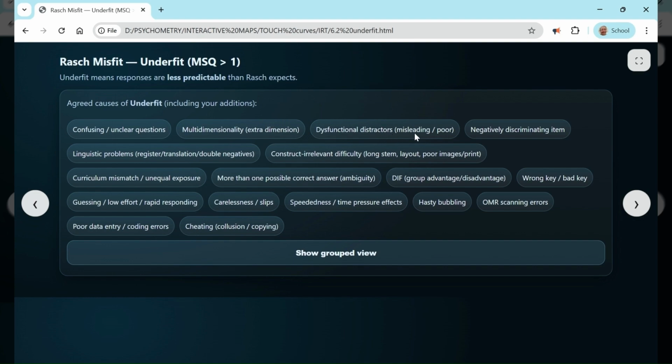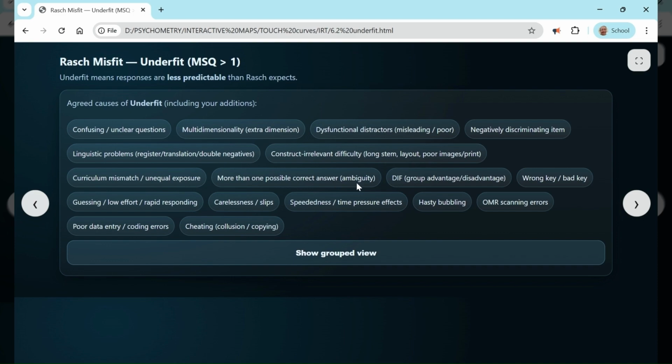Also, distractors that are very poor and misleading, negatively discriminating items, linguistic problems, as we said, and construct-irrelevant difficulty like long stem layout, poor images, poor print. Curriculum mismatch, unequal exposure. I mean, some students know that subject, other students don't know it.